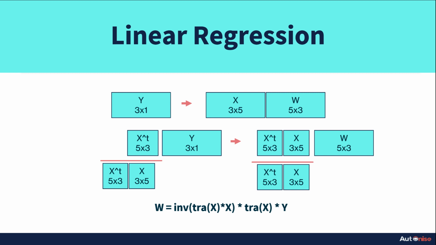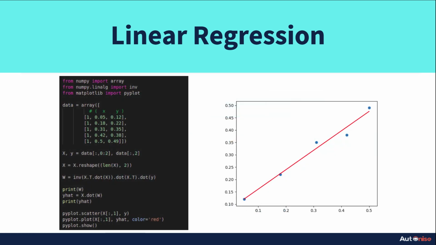So now once we have this equation, the weight value, let's try to write some code with which we can calculate this weight and then see how best suited these lines are. So here, for example, if you can see, we have a data which is random data.